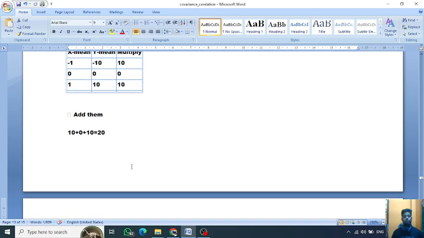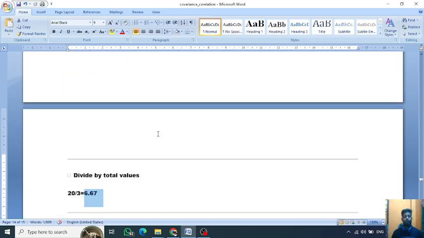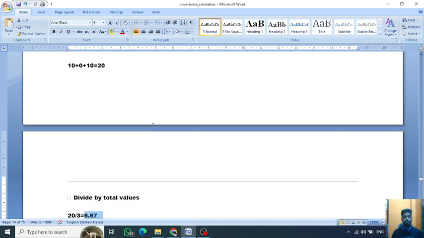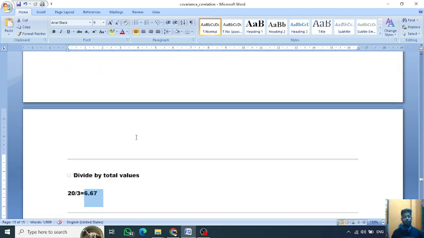How did we calculate the covariance? x minus mean multiplied by y minus mean, then take the summation and the average.